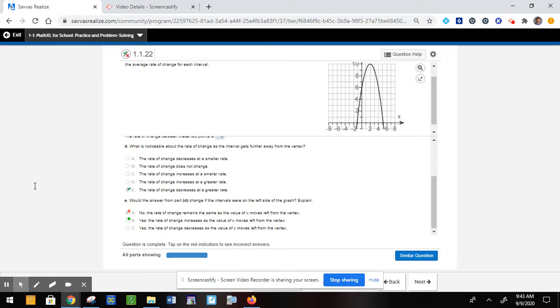It says, yes, the rate of change increases as the value of x moves left from the vertex. So I was saying, no, it's not going to be different than the right side, but okay. I see how that's being worded now. So yes, the rate of change increases as the value of x moves left from the vertex. So that's true. It changes the same way. So I guess that's why we're saying yes.